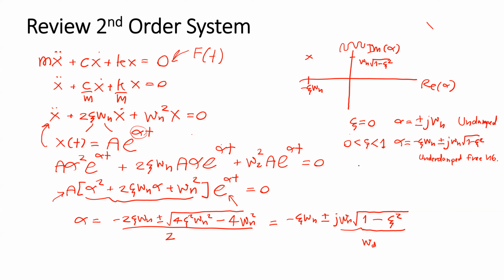And if the damping ratio is equal to 1, inside the square root will be 0, and the root will have only a real part. In this case, we call it critically damped free vibration.